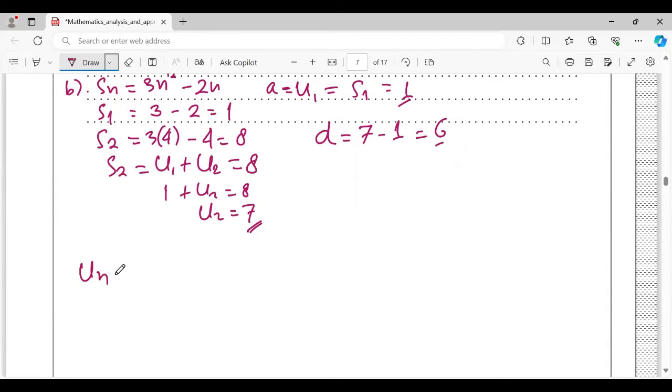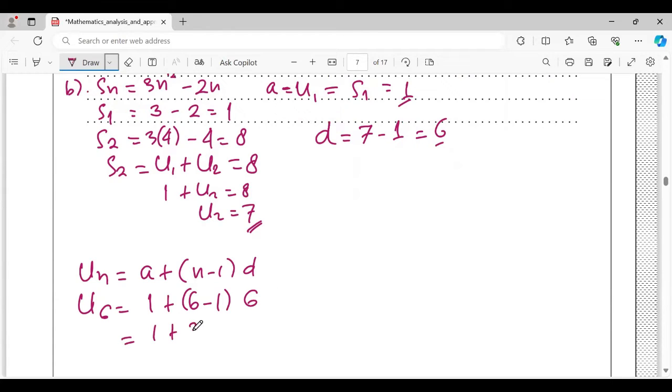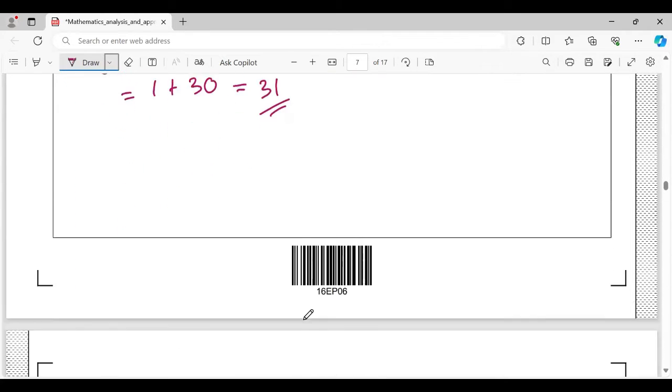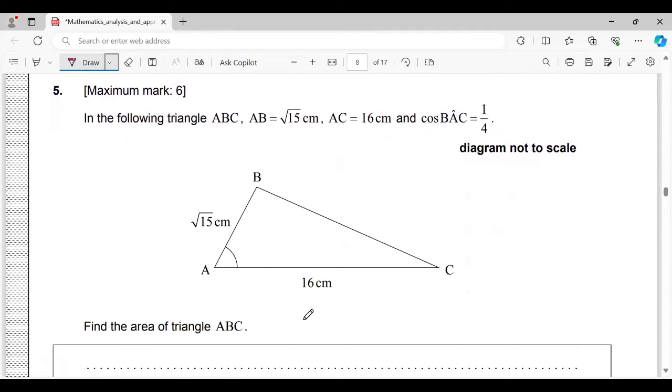The formula is a plus (n minus 1) times d. So U6 is 1 plus (6 minus 1) times 6, because the common difference equals 6. So it's going to be 1 plus 30, and it is 31. This is the solution.